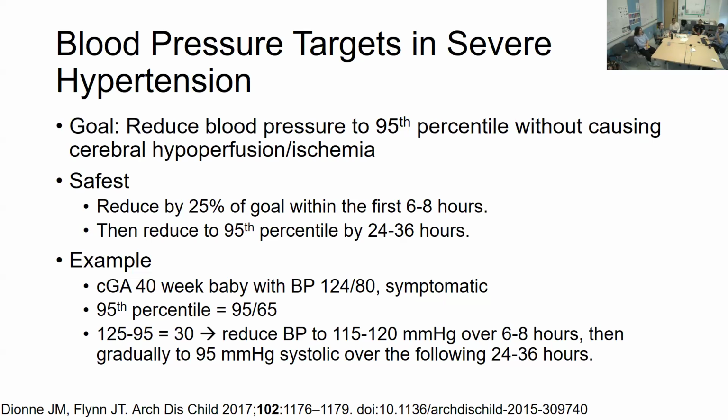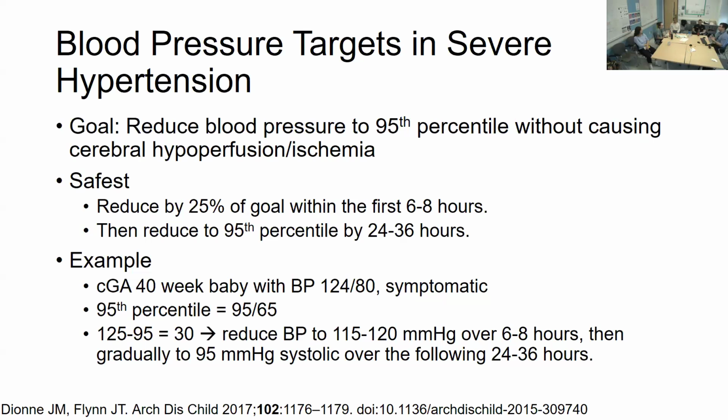But that's kind of how I do it, and it's so much easier to titrate that with a continuous infusion than with bolus medications. So you just start nicardipine and then titrate, like 0.5, then 1.5, whatever, until you get the BP, and then leave it there.